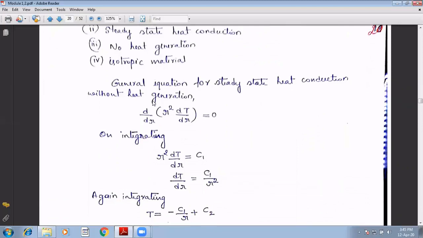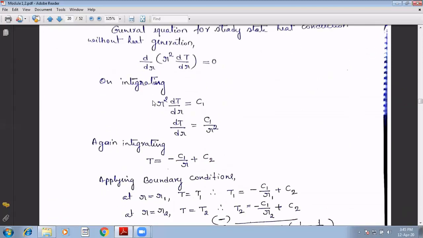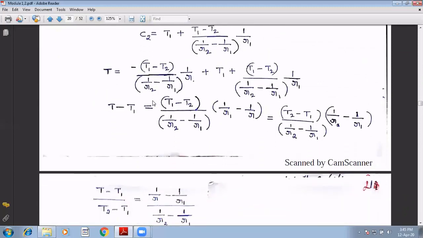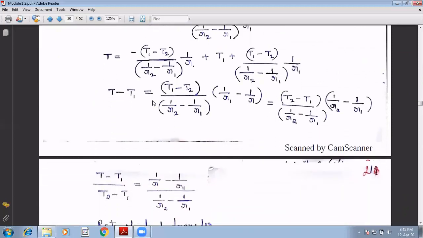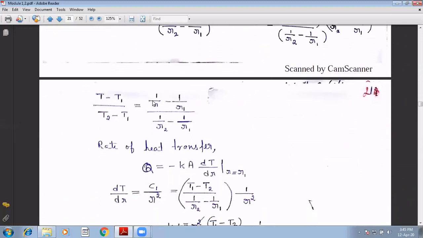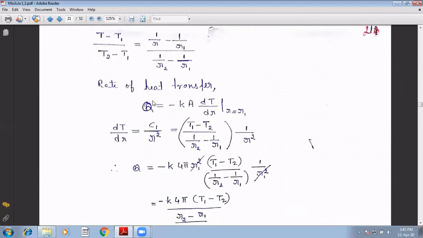Similar is the case with a sphere, where the heat conduction equation is 4 pi k r1 r2 into delta T divided by (r2 minus r1).